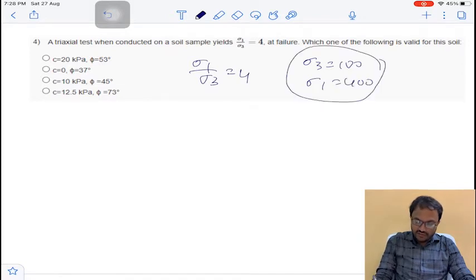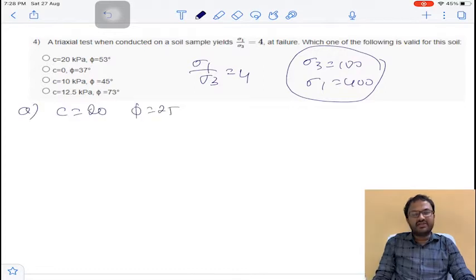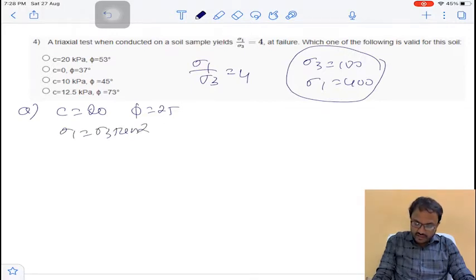Clear? So now I will check option A as c is equal to 20 and phi is equal to 23. We have one equation sigma 1 is equal to sigma 3 tan square alpha plus 2c tan alpha. So substitute on the right side. If we get the left side, this option will become correct.